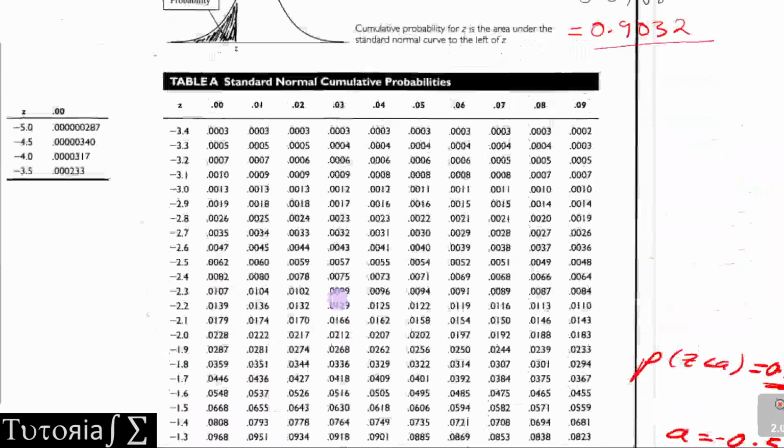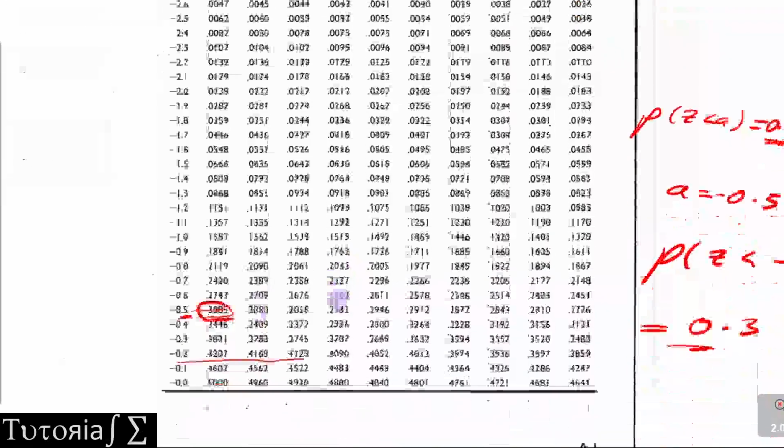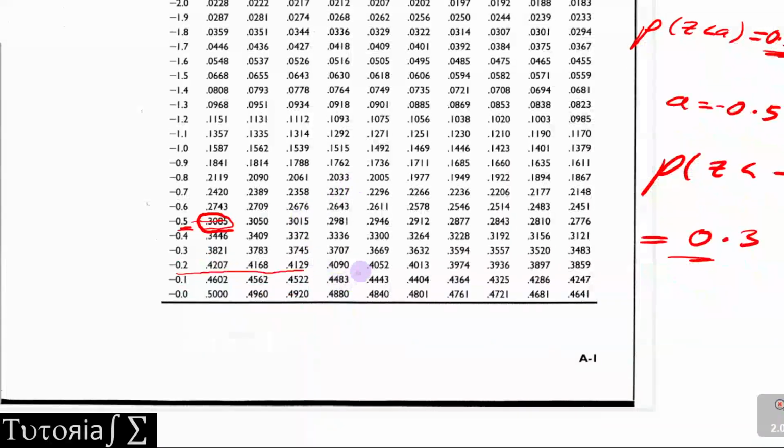So let me just check. 2 will be here, so that will be 0.22. Unfortunately, we cannot find 0.225, so we can round off. The digit here is greater than or equal to 5, so we can round off. We can look for Z less than negative 0.23. So it will land us here. So this is the value that we have.